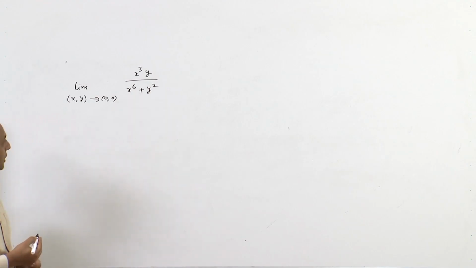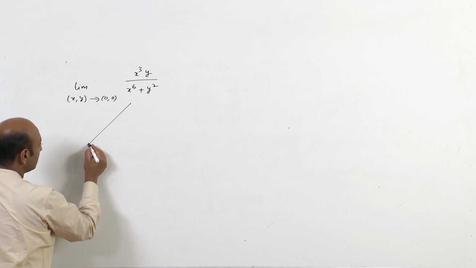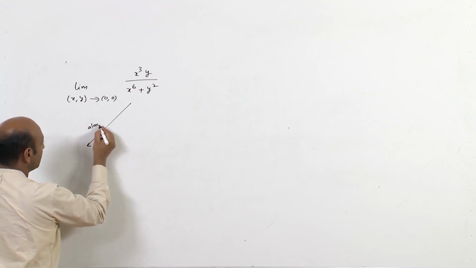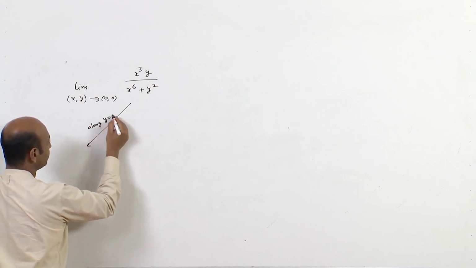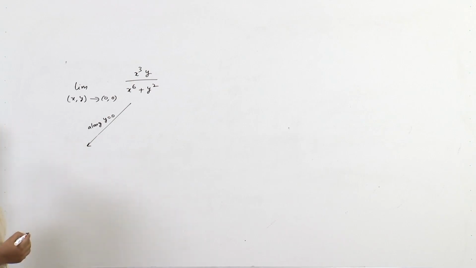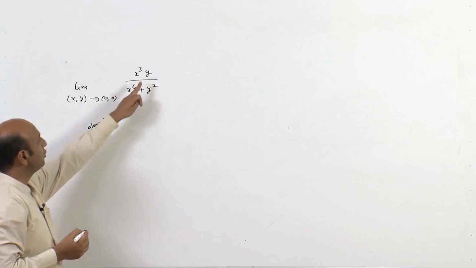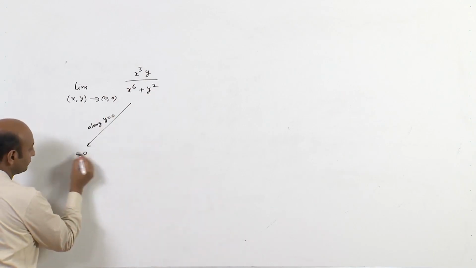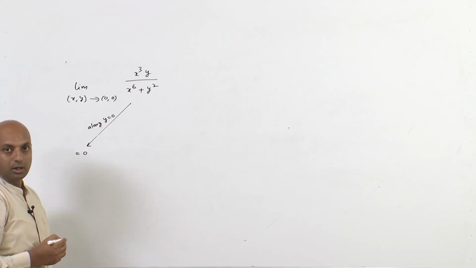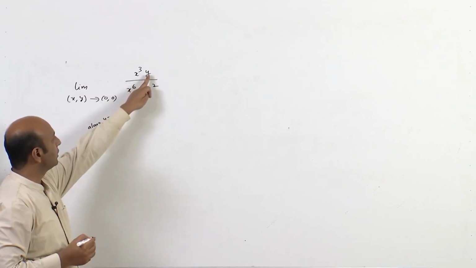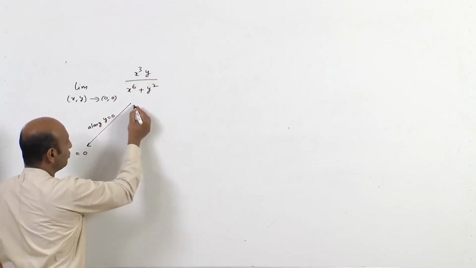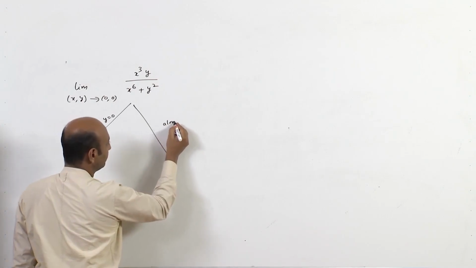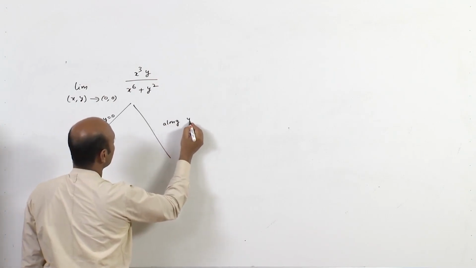okay. Now if we move along, say, y equal to 0, then when you substitute y equal to 0, the value is clearly 0. Now you move along, say, y equal to x cube.